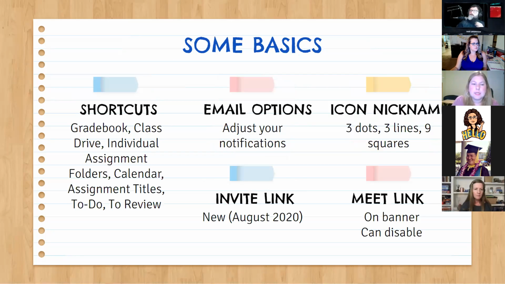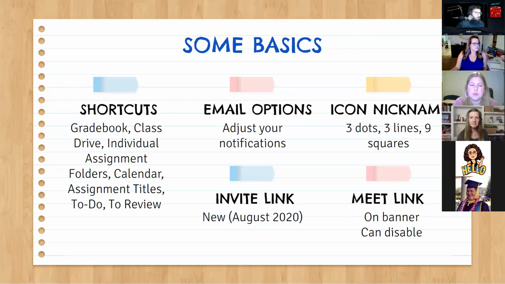So some basics about Google. There are a ton of shortcuts that are either a little image or a word that lead directly to something or a page or a folder. And if you want to save yourself some time, you can use some of those. Some of these are brand new as of August, but there are shortcuts to get to your gradebook, to the drive for your class, to the individual assignment folders for each assignment within your drive, to get to your Google Calendar for your class.